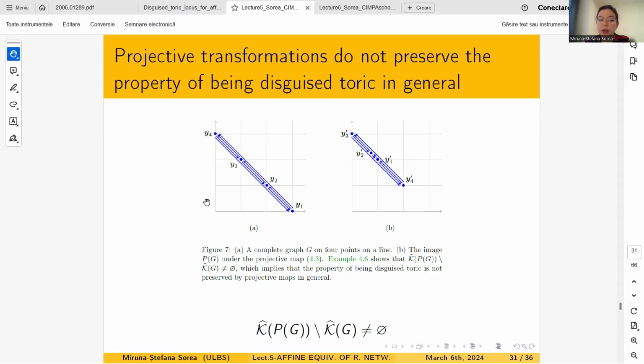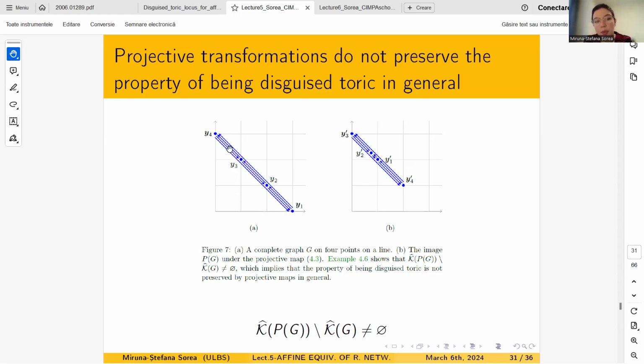And how do we do this? We will actually need the characterization I gave in the previous lecture for computing the disguised toric locus for the quadrilateral on a line. Specifically, it was that decomposition into 4 chambers that gave us different inequalities for all these cases here.